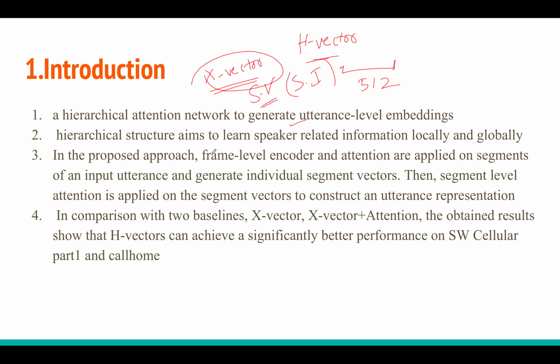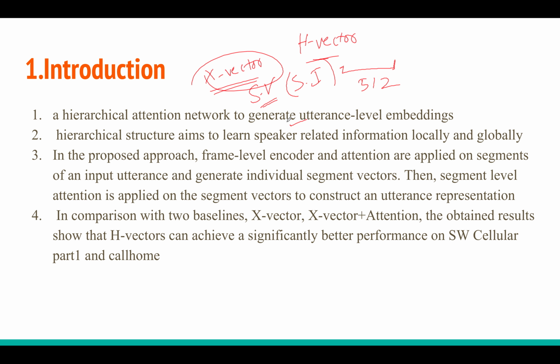If you see, the speech content will have local and global information. They have not shown exactly what local information they extract, but basically the global information will be speaker identity, and the local information we refer to as phonemes and so on.